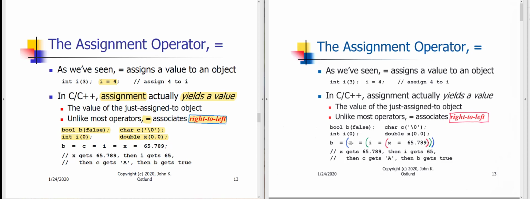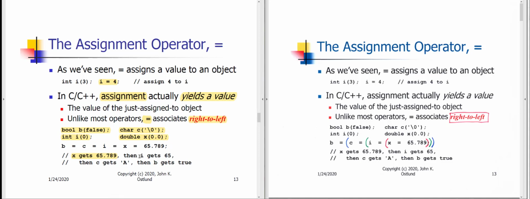Capital A, in turn, when that's assigned to a Boolean B, well, remember that 0 assigned to B would set B to false, but anything other than 0 assigned to B makes B true. So the upshot is, as this is evaluated from right to left, first, X gets 65.789.